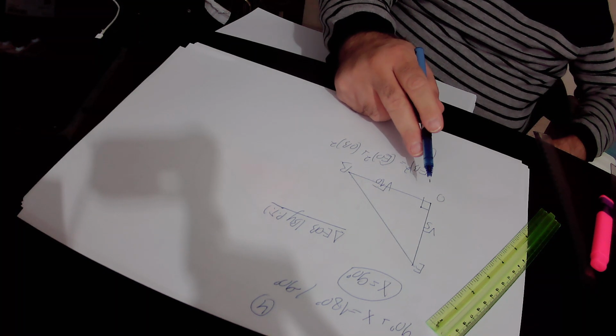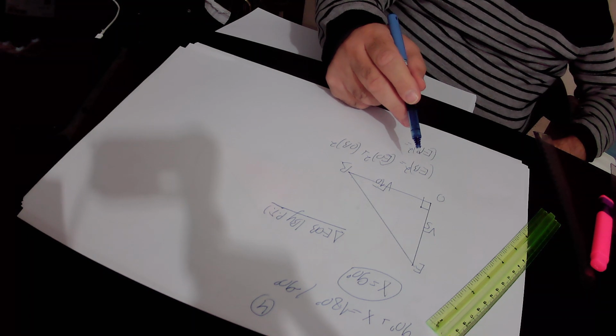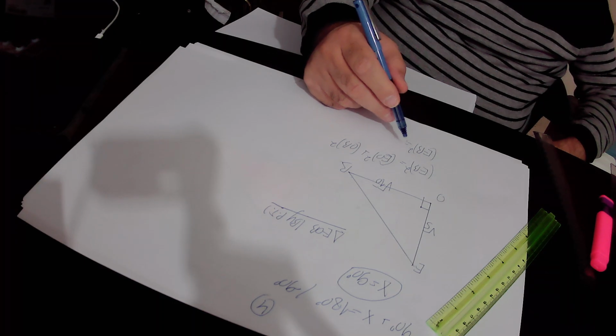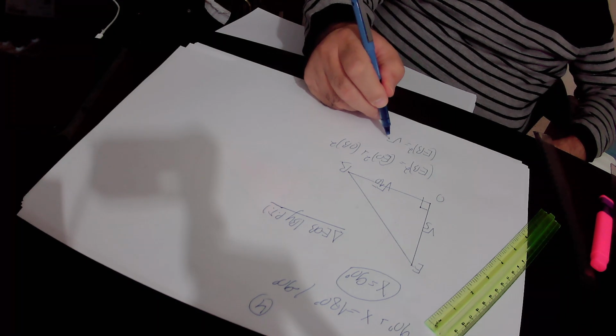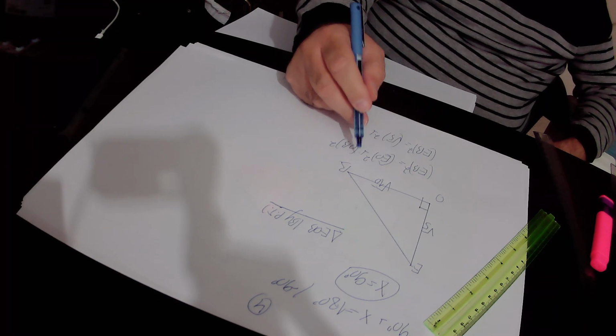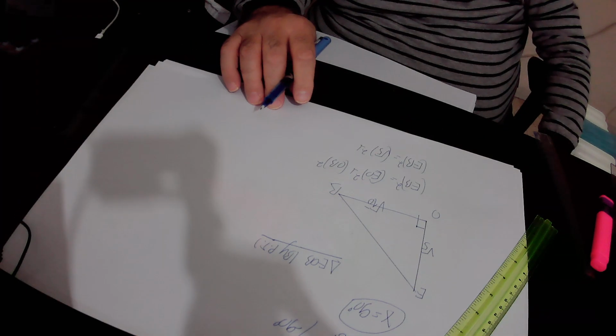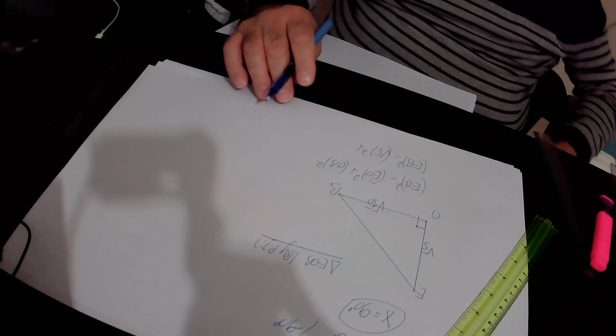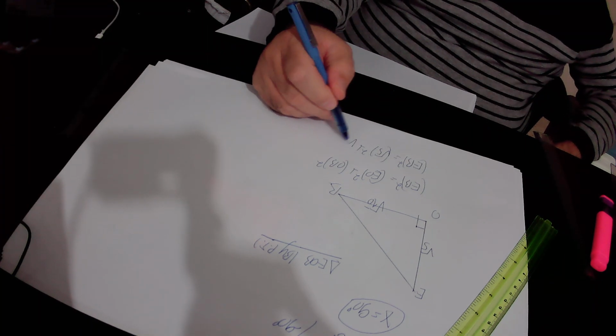We already found out that EO equals the square root of 5 units, therefore EO squared equals the square root of 5 squared, plus OB squared. OB equals the square root of 10 units, therefore OB squared equals the square root of 10 squared.